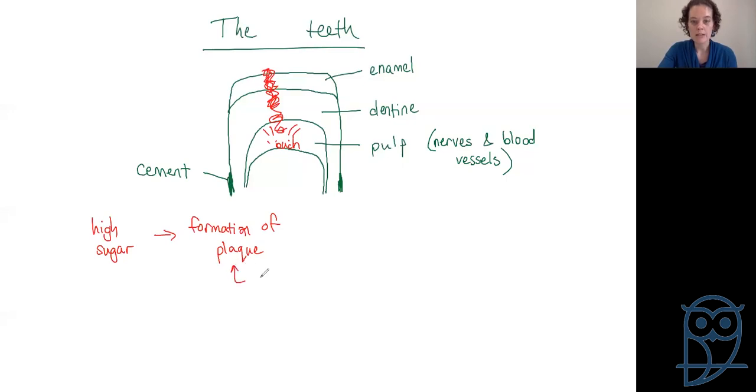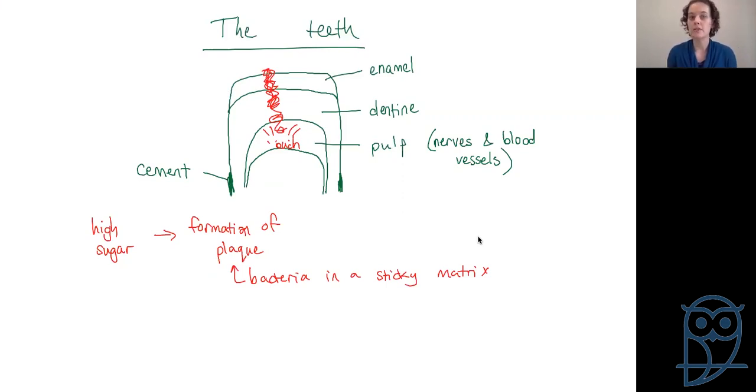So plaque is bacteria in a sticky matrix. We don't need to know what that matrix is made of, we can just understand that it exists. But the important thing is that we've got bacteria there.